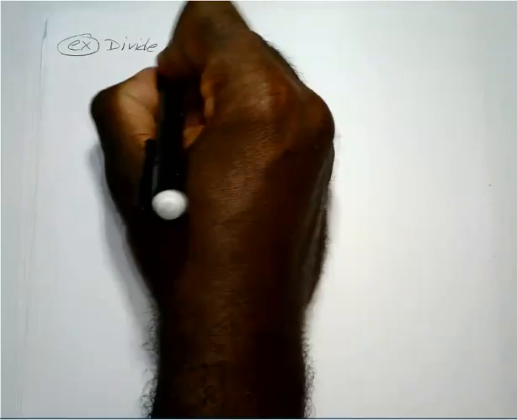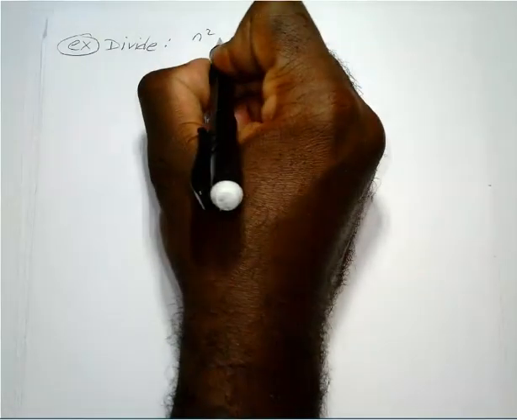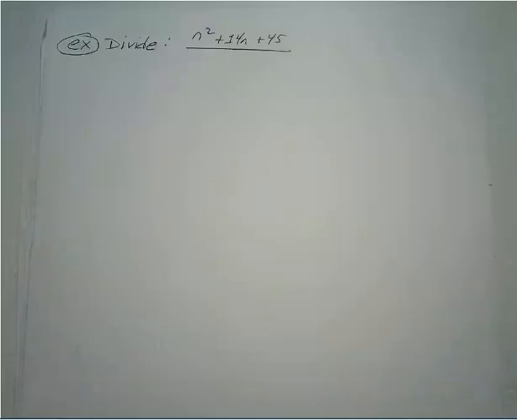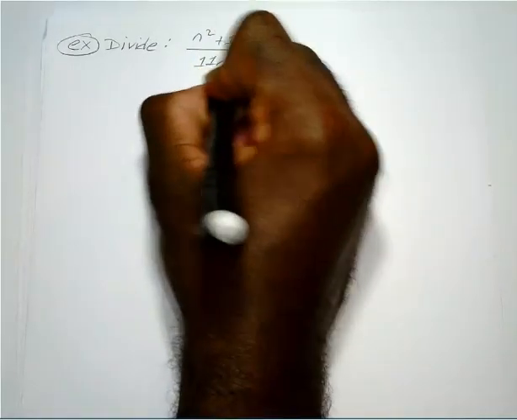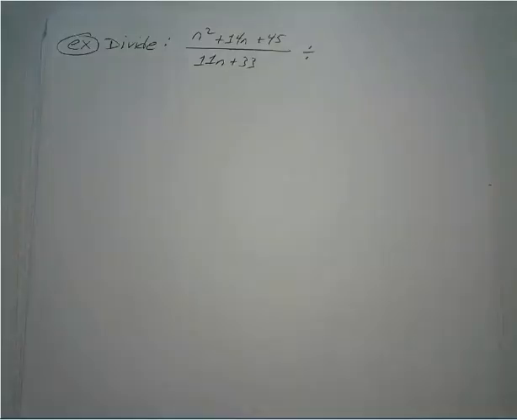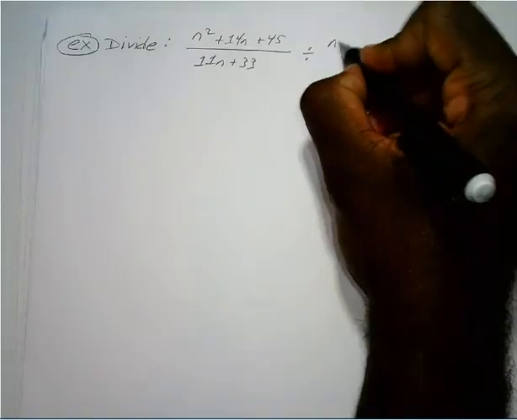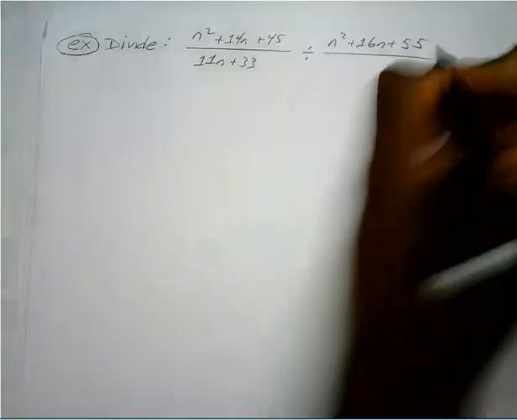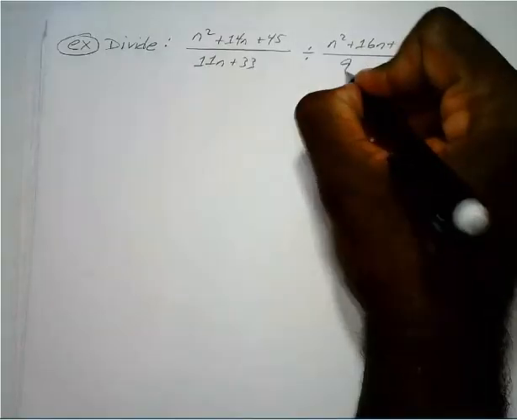So let's say, for example, we want to divide n squared plus 14n plus 45 over 11n plus 33, divided by n squared plus 16n plus 55 over 9n plus 27.